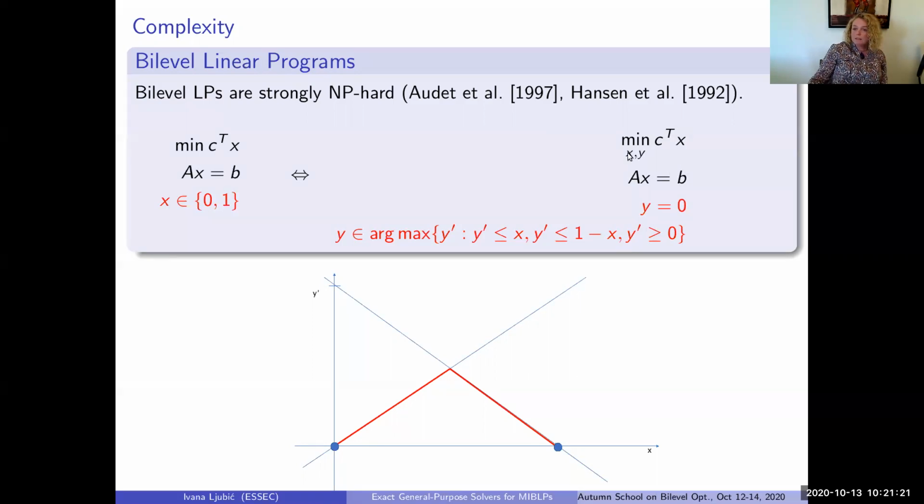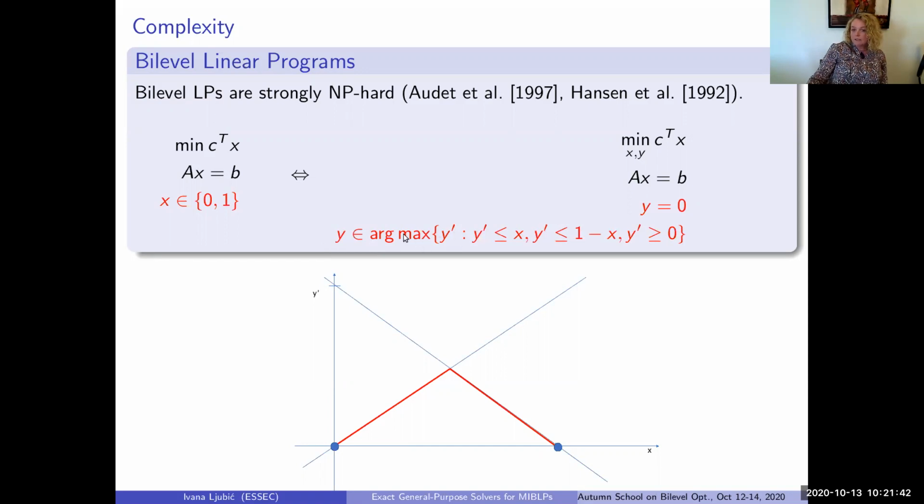We optimize it in x, and it's an extended formulation, and we add one more dimension, which is the dimension y. We impose the linking constraint that y has to be 0, and at the same time, y has to be the optimal solution of this parametric linear program.